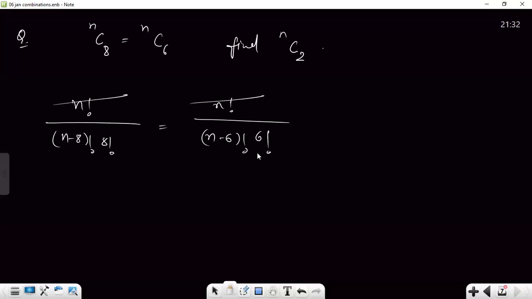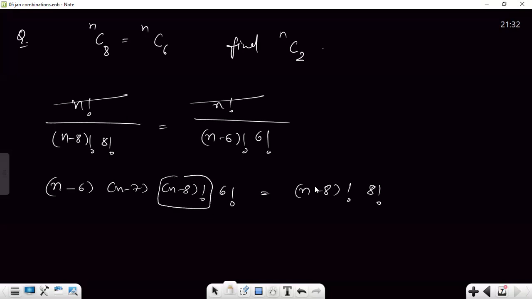Let's now cross multiply and expand (n minus 6) factorial, because the (n minus 8) factorial into 6 factorial that was there goes onto the right hand side. Now (n minus 8) factorial and this particular term cancel each other.